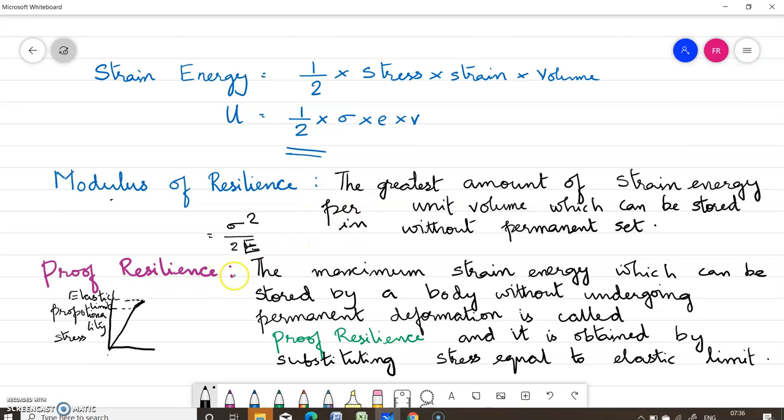And proof resilience is the maximum strain energy which can be stored by a body without undergoing permanent deformation, and it can be obtained by substituting stress equal to the elastic limit. Okay, so this is what you have to study about strain energy in tension.